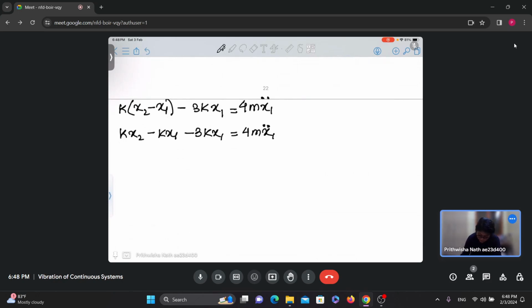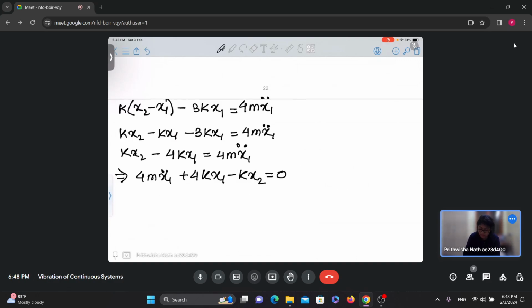So kx2 minus 4k x1 equals 4m x1 double dot. So finally, after rearranging, 4m x1 double dot plus 4k x1 minus kx2 equals 0. So this is the first equation.